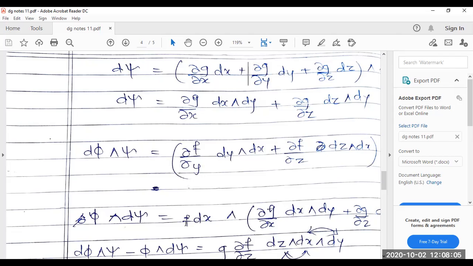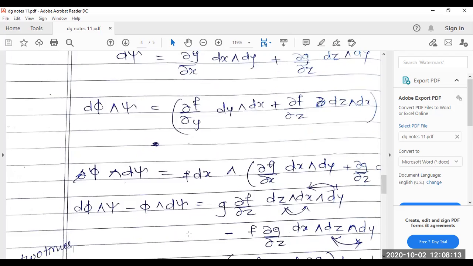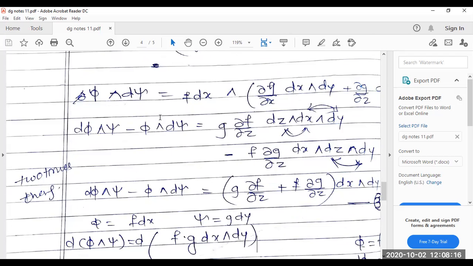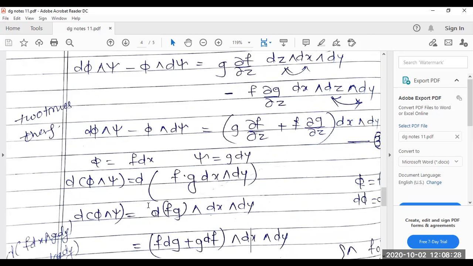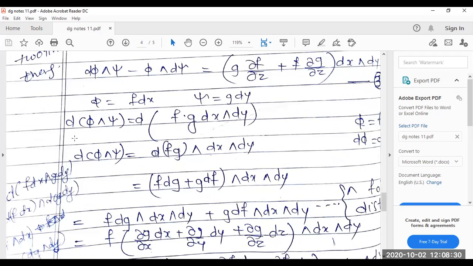That is, phi is nothing but f dx, wedge product with d psi. d psi is here, this whole expression. Then after evaluating this, you have to subtract these two terms, and then we get equation 3, that is d phi wedge psi minus phi wedge d psi. Okay, now let us evaluate the second one, that is we have to find the exterior derivative of phi wedge psi.